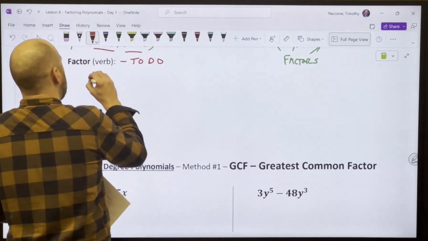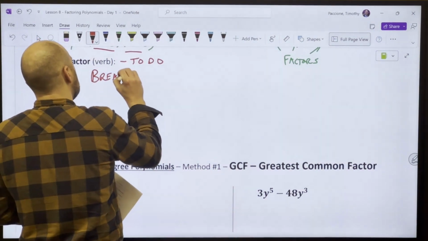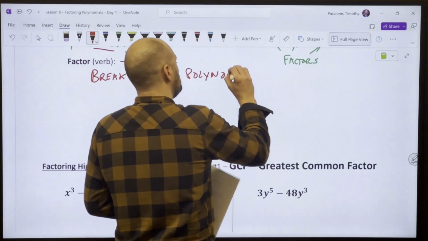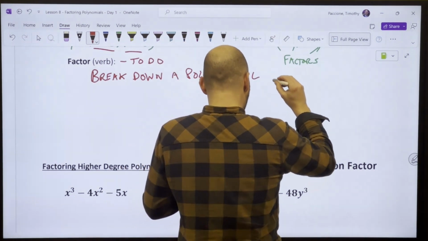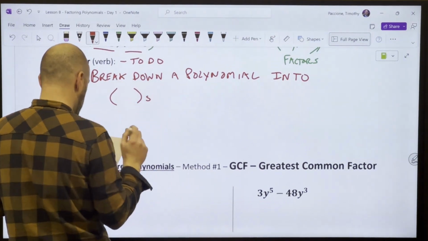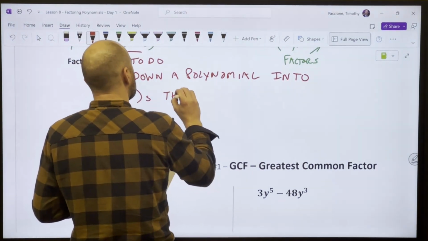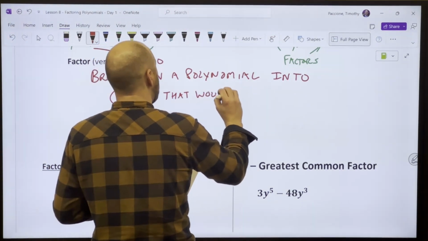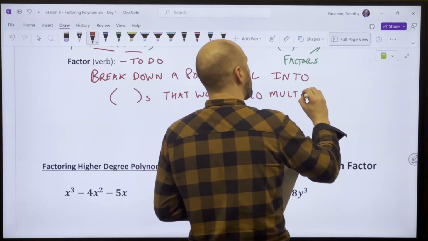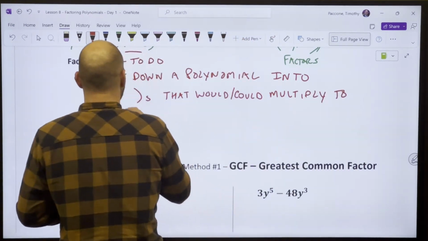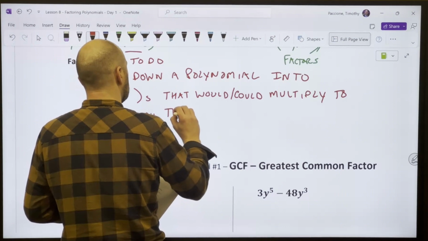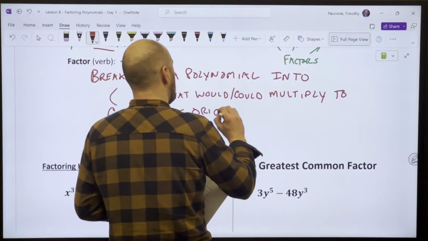Ready? We break down a polynomial into, I'll just put parentheses, that would/could multiply to give you the original equation, right?